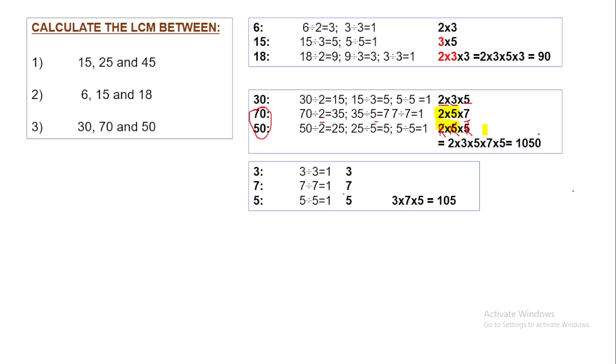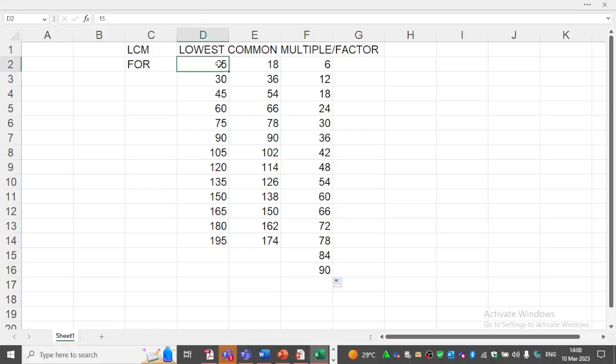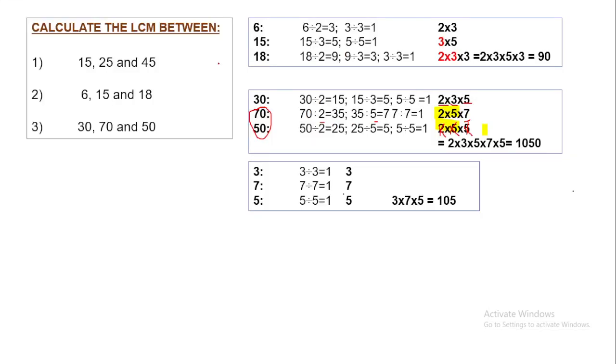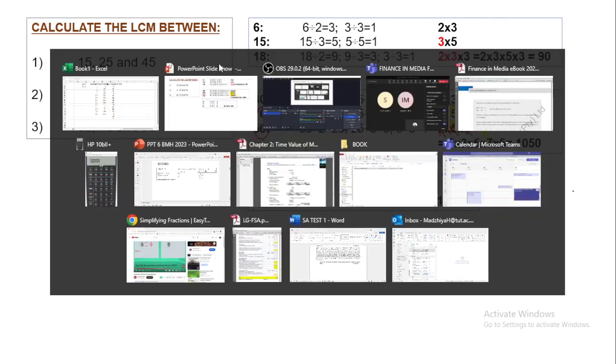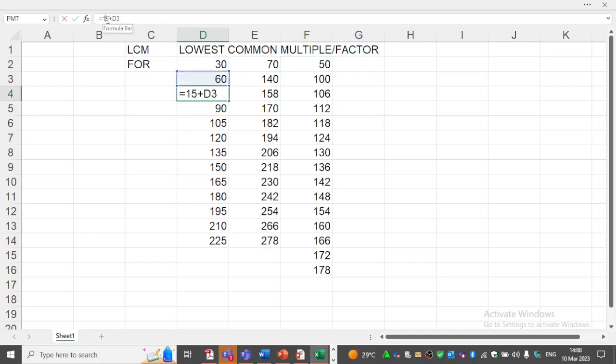So when you multiply this together, if we're using the other method, we've got 30, we've got 70, and we've got 50. So here I'm just going to say it's 30.